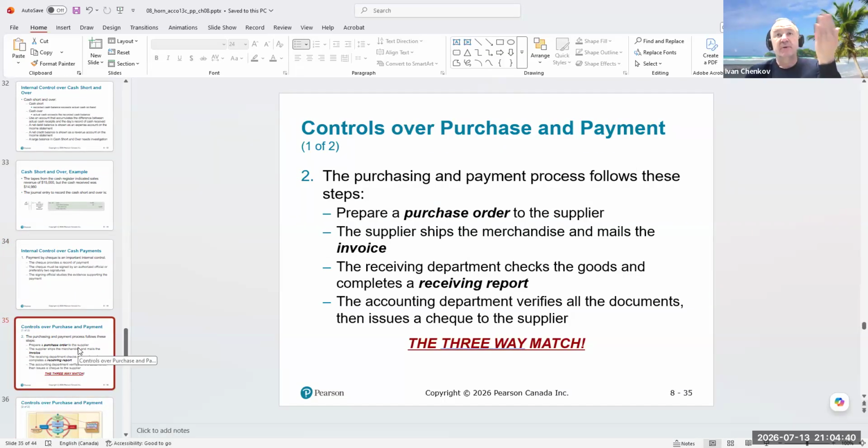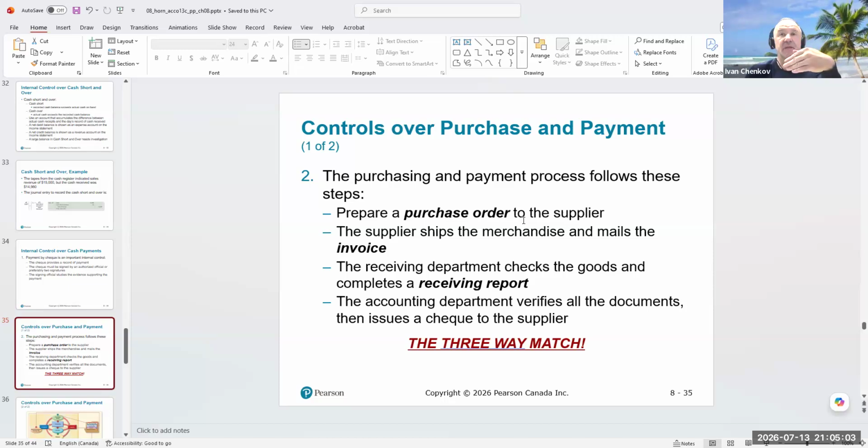Now, for the purchasing and payment process, we have to follow these steps. First, prepare the purchase order, which is sent to the supplier. The supplier ships the merchandise with the purchase order inside, and mails the invoice.